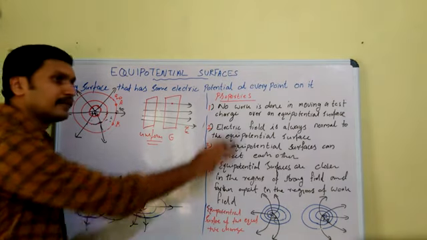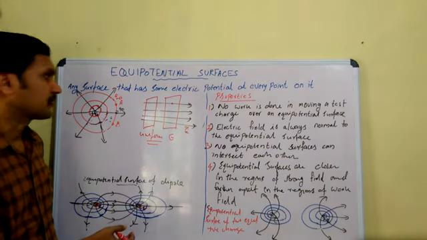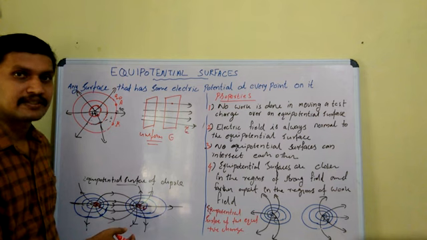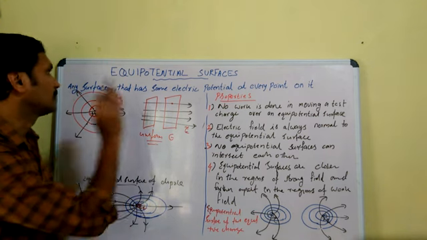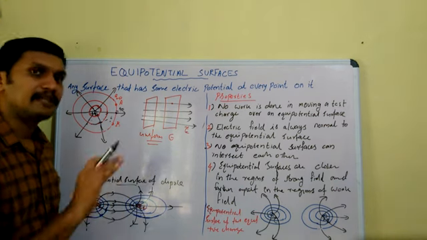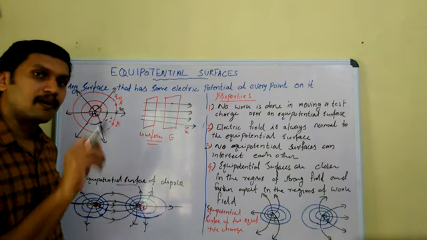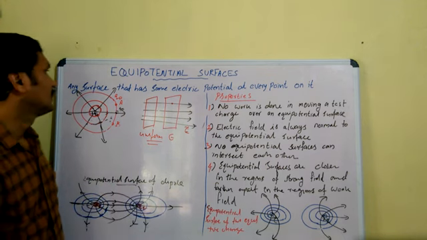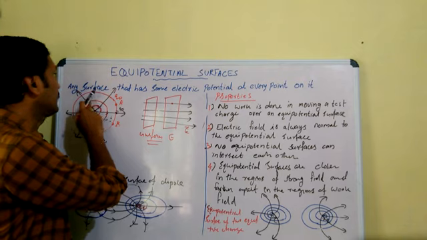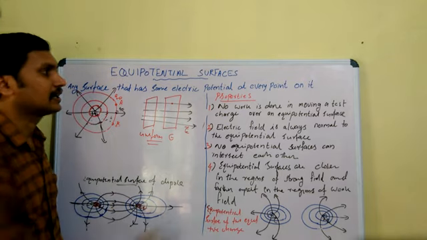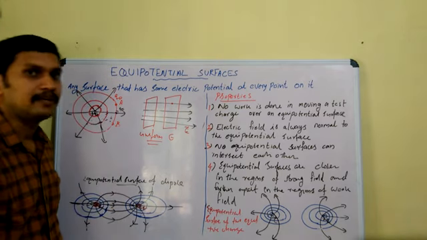In this way, we can draw the equipotential surfaces for various charges. Remember, an equipotential surface is an imaginary surface which can be drawn in an electric field, and it is a surface that has the same electric potential at every point.